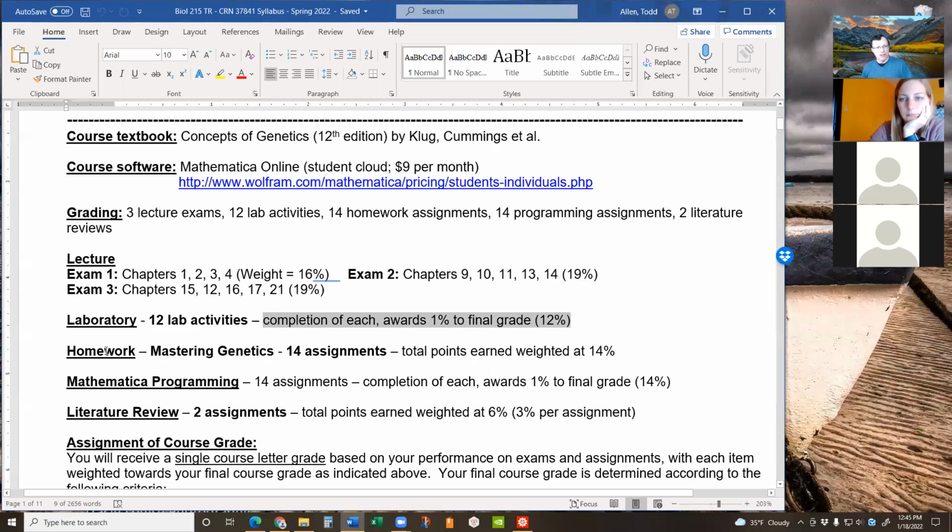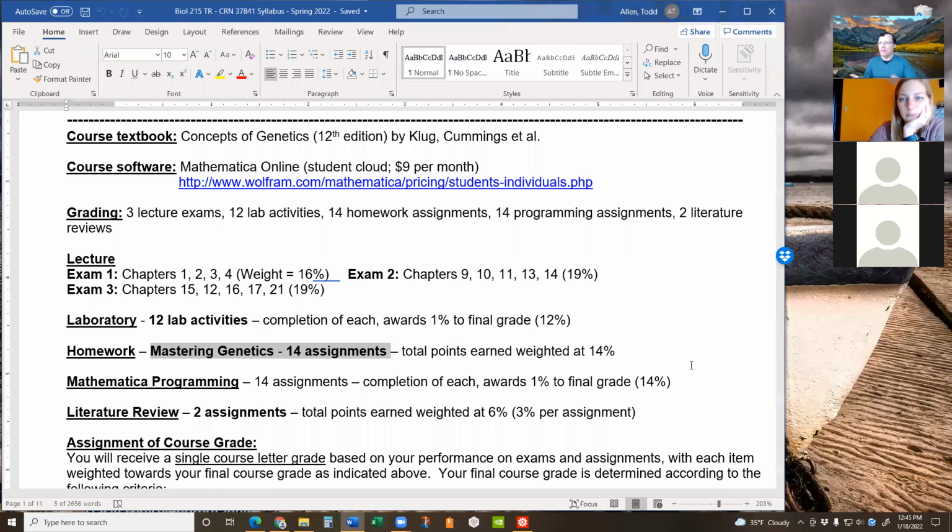In addition to the lab work, you will have homework assignments, which I'll talk to you about from the Mastering Genetics website. The homework assignments are graded based on a point system, so each question is worth so many points, and depending on how well you do with the homework question, you get so many points. Now with homework through Mastering Genetics, you have about 3 opportunities to get the correct answer.